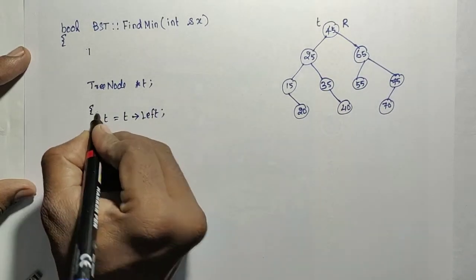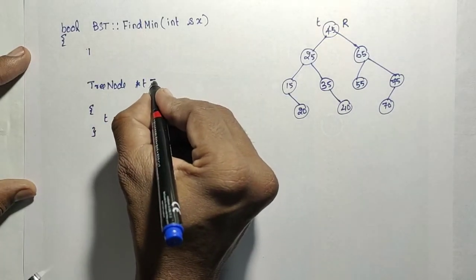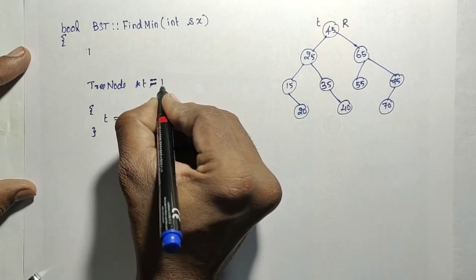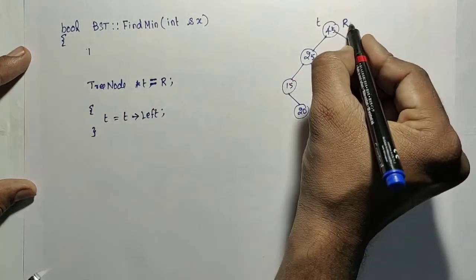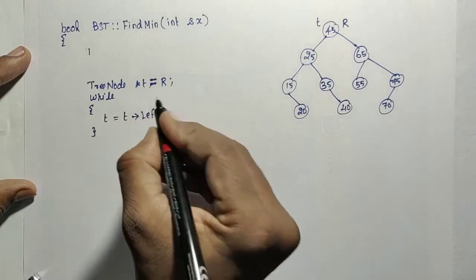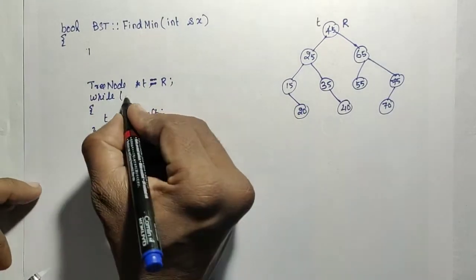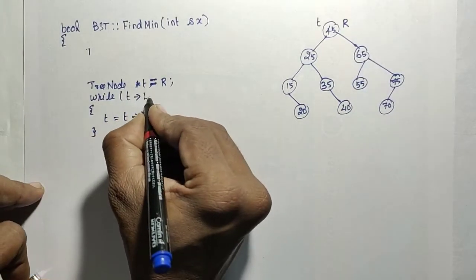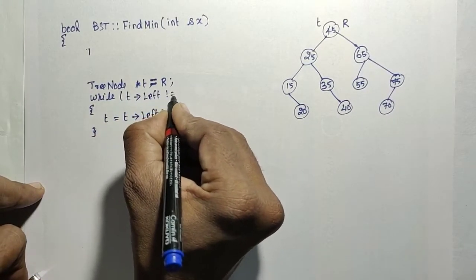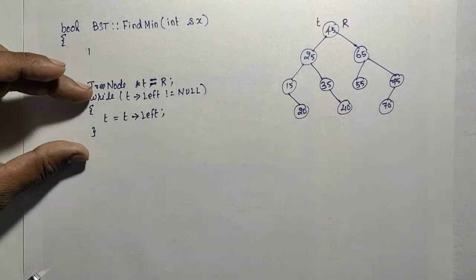The t has to be initialized with r. Initially t contains the address. That has to be repeated while t of left is not equal to null. So that is the code actually.